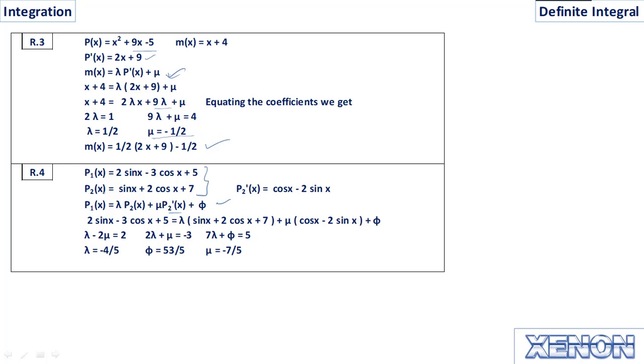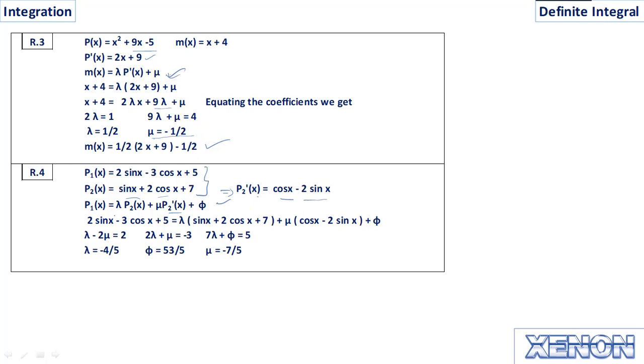For example, p1(x) equals 2 sin x minus 3 cos x plus 5, and p2(x) equals sin x plus 2 cos x plus 7. The differentiation of p2(x) with respect to x is the differentiation of sin x plus the differentiation of 2 cos x. It will be cos x minus 2 sin x. Differentiation of cos x equals minus sin x, and differentiation of sin x equals cos x.